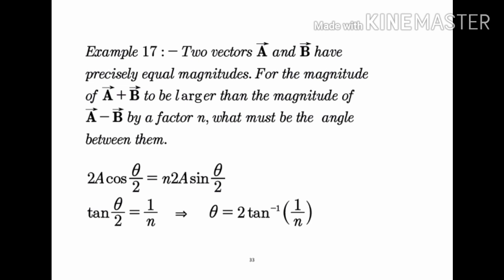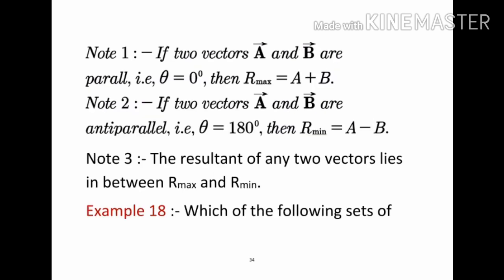Next one, note points. First one, if two vectors a bar and b bar are parallel to each other, that implies theta is equal to 0 degrees. In that case, you can get the maximum resultant, and that maximum resultant value is taken as R max, that is equal to a plus b.